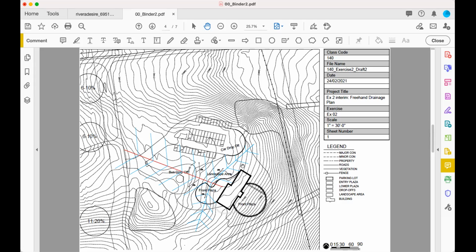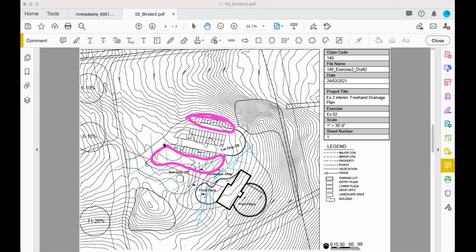And I would recommend moving this off the steep slope. Okay, you have quite a lot of space in between. Yes, you do need green area to treat the water, but you can see that your current green area is actually on the ridge.